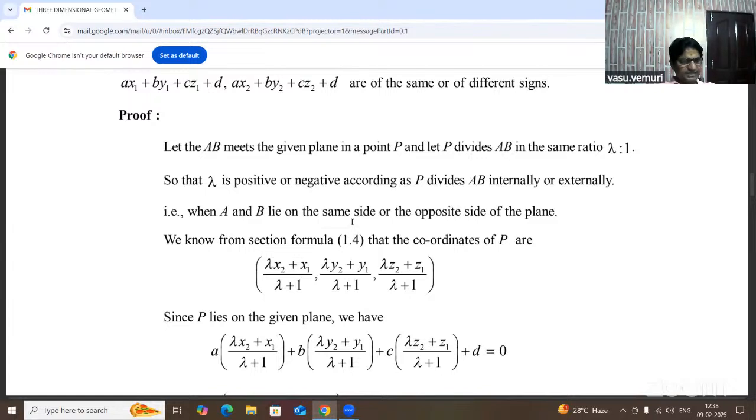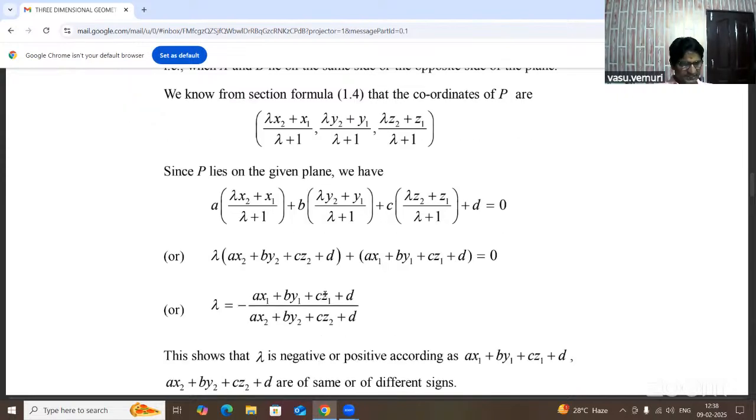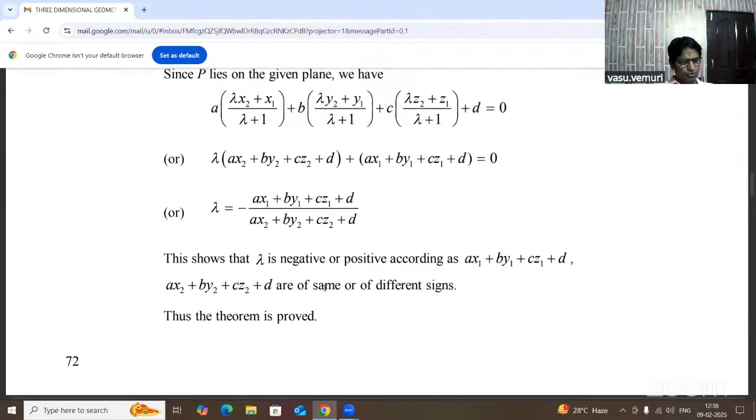Now AB meets the given plane in a point P, and P divides AB, that is, point A and point B, in the ratio lambda to 1, internally or externally. So the coordinates of P are (lambda x2 plus x1) by (lambda plus 1), (lambda y2 plus y1) by (lambda plus 1), and so on. Substituting the coordinates of that point in the given plane, we get the value of lambda. When lambda is negative or positive, the first and second points give either the same or different signs.